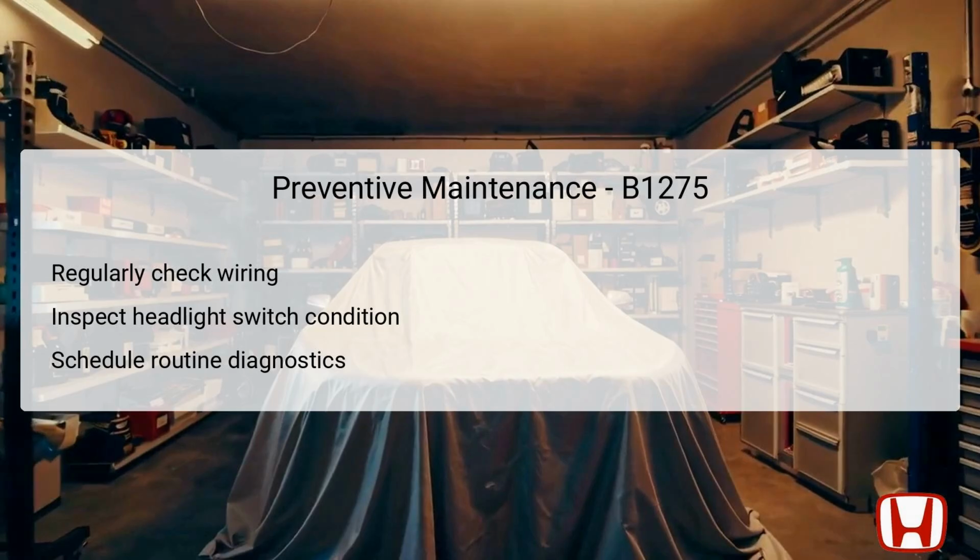Additionally, scheduled routine diagnostics using the HDS can help identify any trends in electrical performance that may lead to future problems. Taking these proactive steps can significantly reduce the likelihood of DTCs like B1275 and its counterparts from occurring.